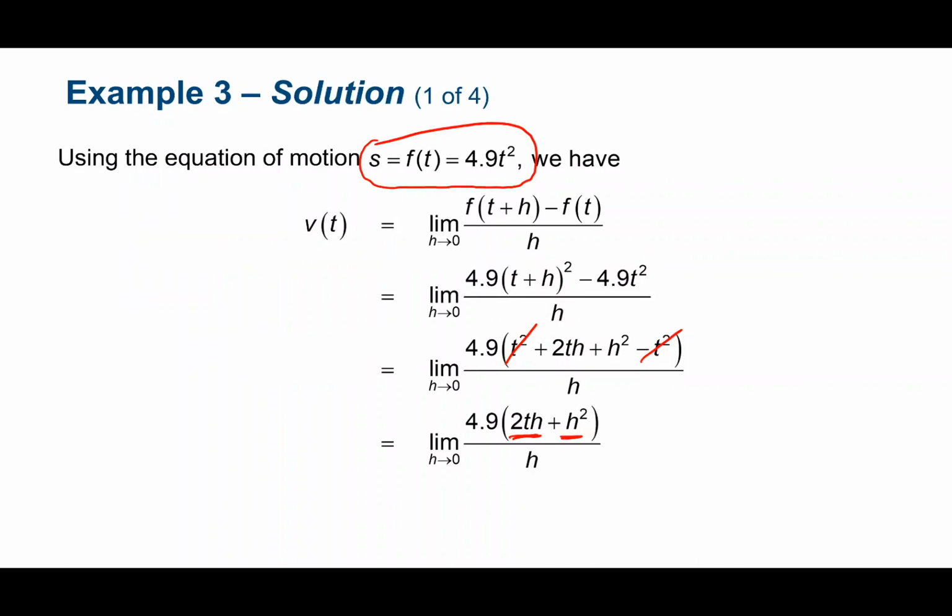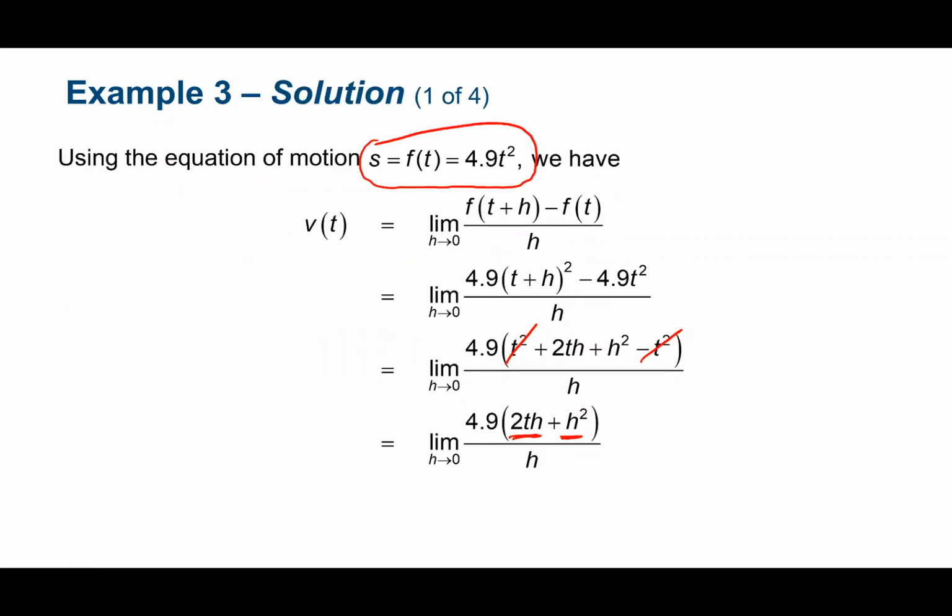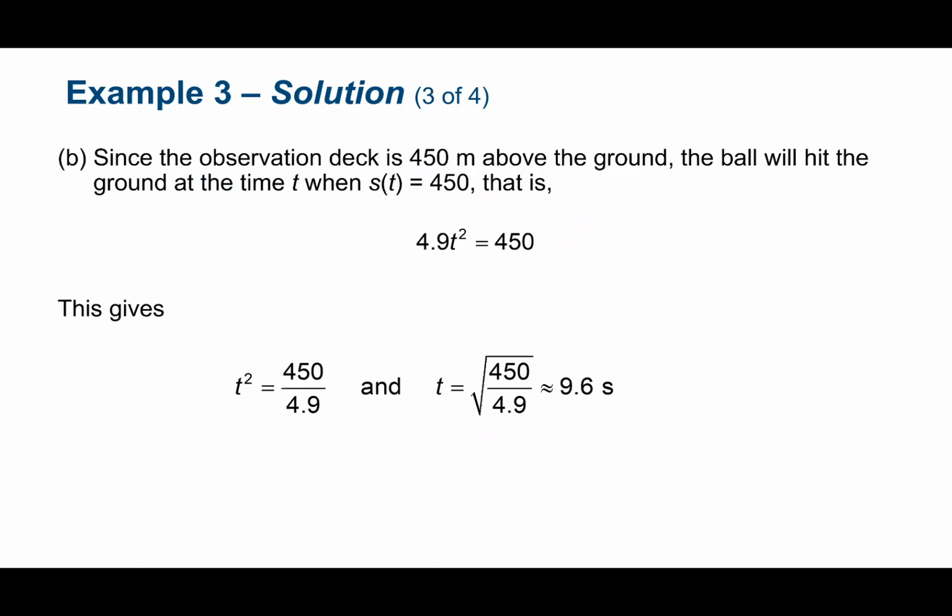We've already got the position function, 4.9 t squared. So we can figure out the time when it's going to hit the ground, because its position after a certain amount of time has to be 450 meters down. Then we want the velocity after 9.6 seconds.